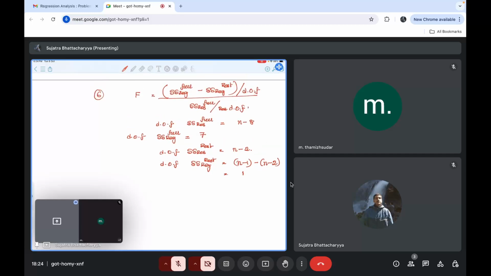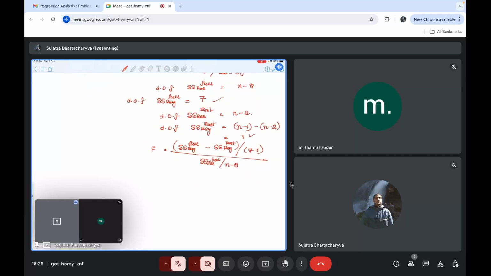So therefore, in the numerator, the degrees of freedom will be what therefore? So it will be SS regression for the full model minus SS regression for the restricted model divided by. So for the full model degrees of freedom is 7. For the restricted model is 1. So it will be 7 minus 1, divided by SS residual for the full model and divided by the residual degrees of freedom n minus 8 for the full model.